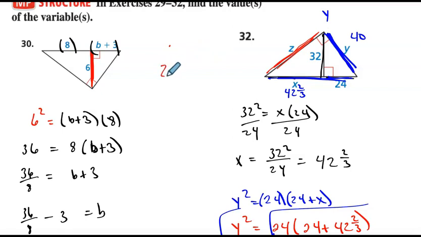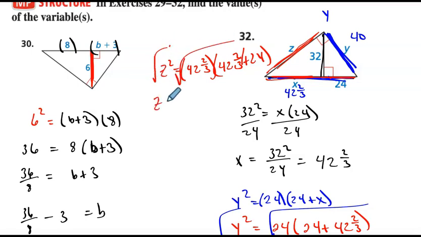So z squared equals first part of the leg, which is 42 and 2/3, times the sum of all of it, of all of this, 42 and 2/3 plus 24. Square root, z equals square root of 42 and 2/3 times 42 and 2/3 plus 24.